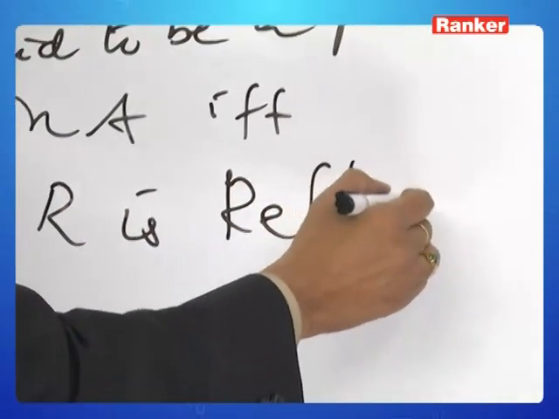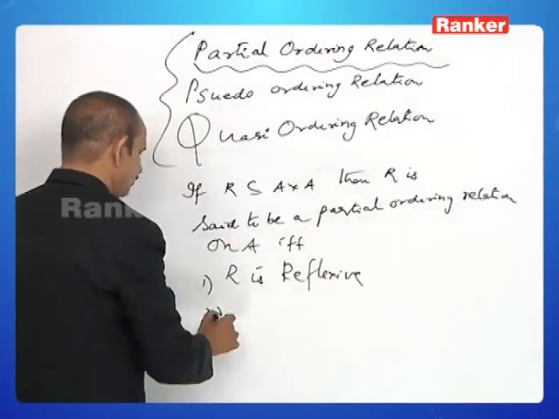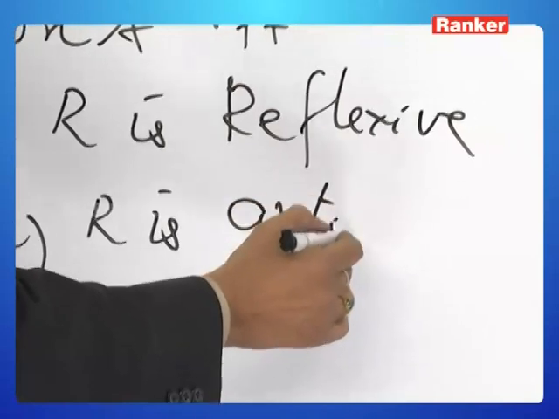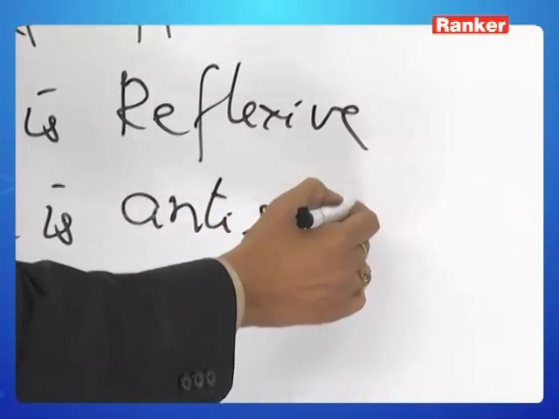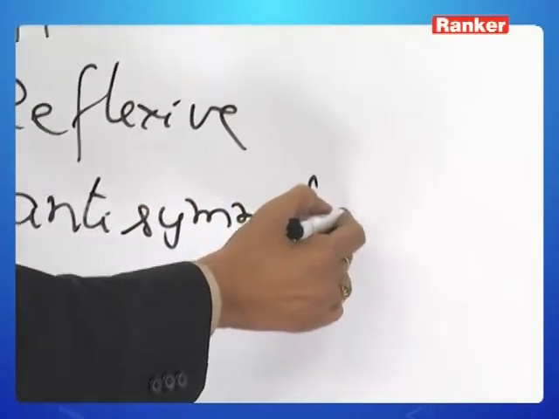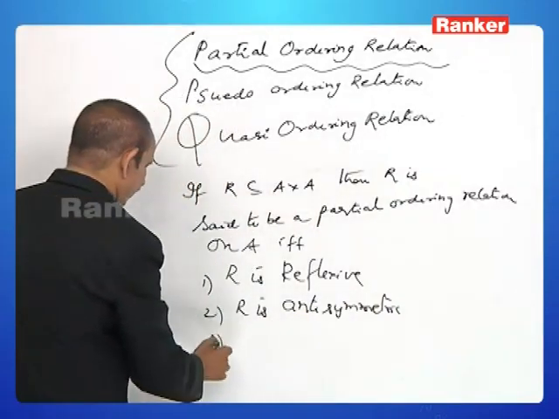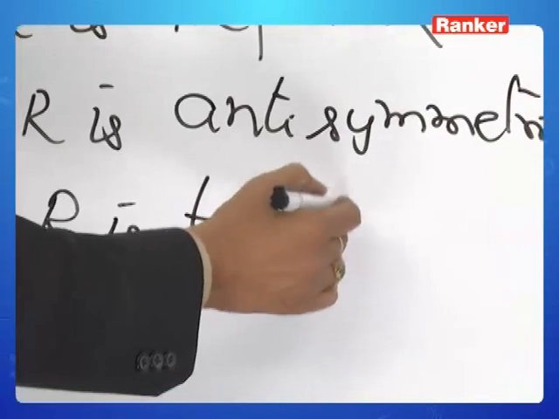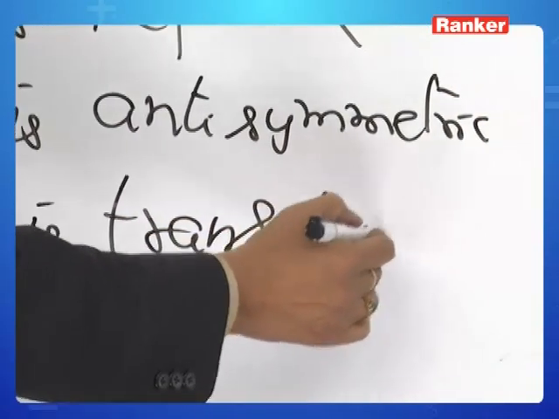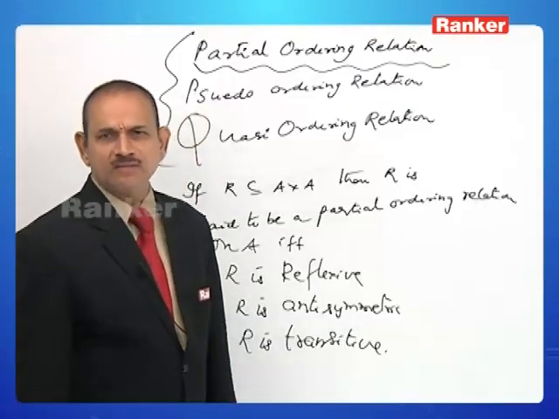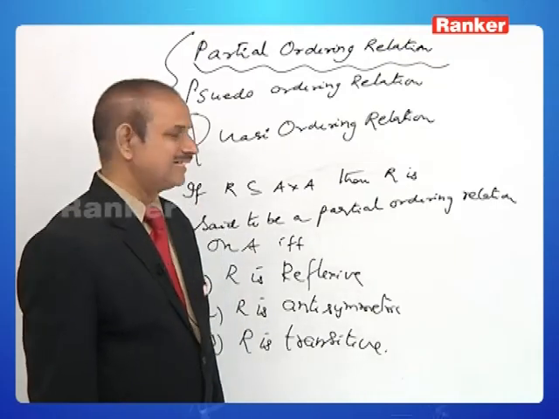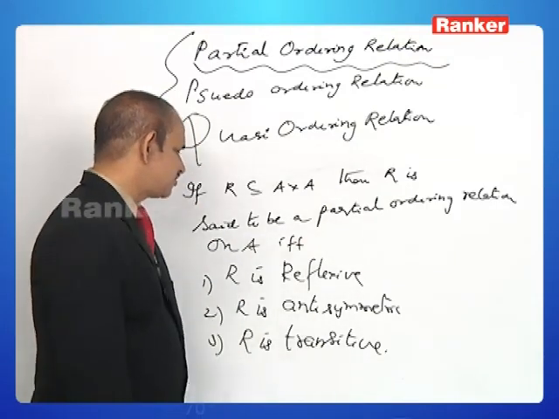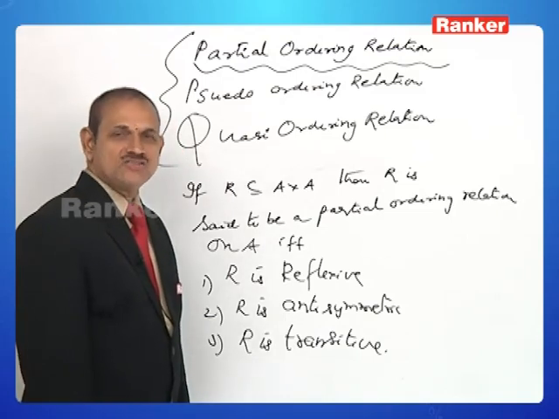Number two, R is antisymmetric. And number three, R is transitive.